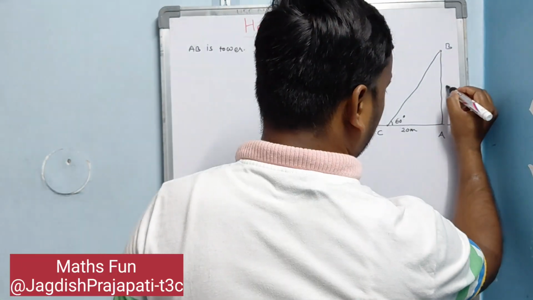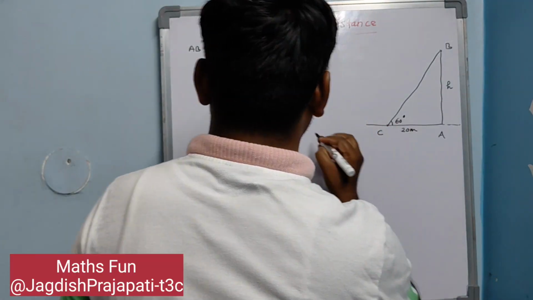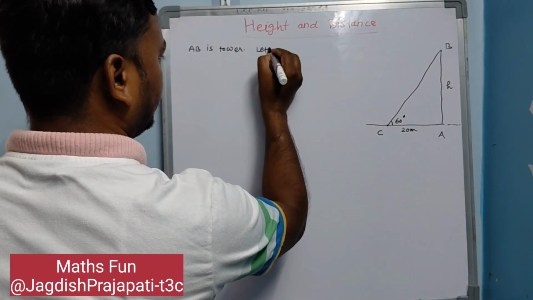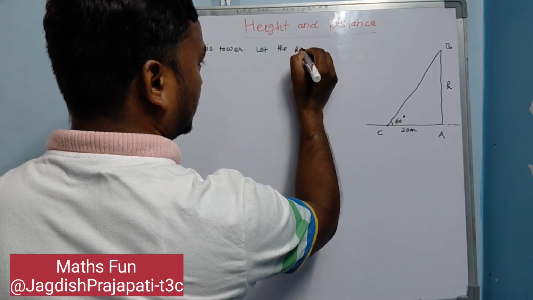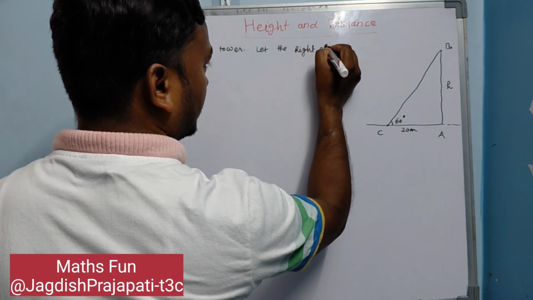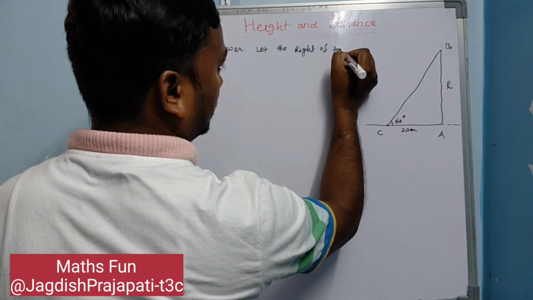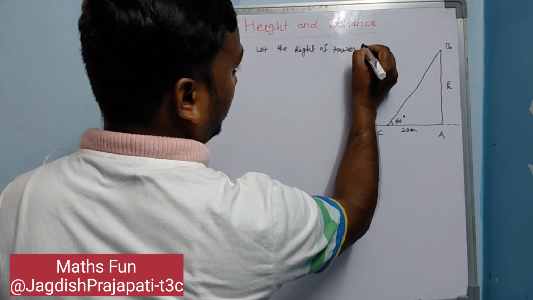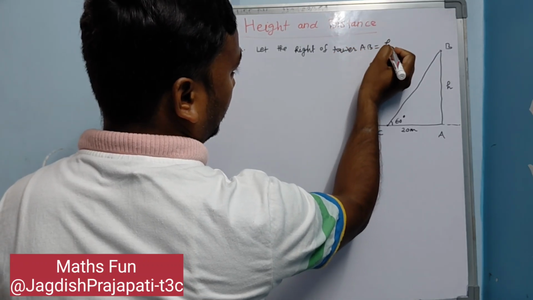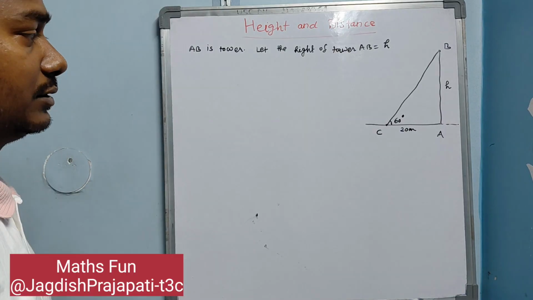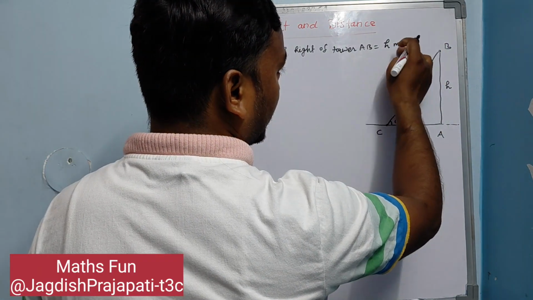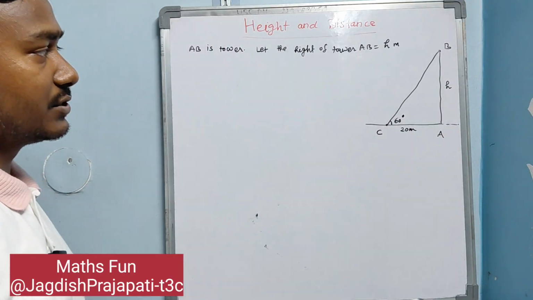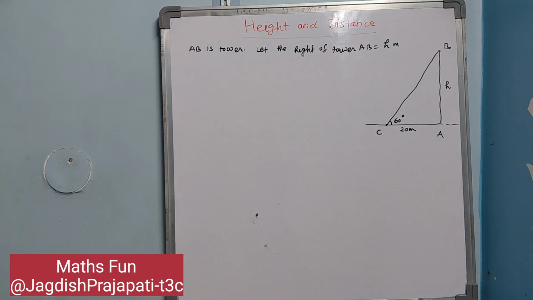Let us say the height of tower AB equals H. Since this is in meter, we can let it be H meter.